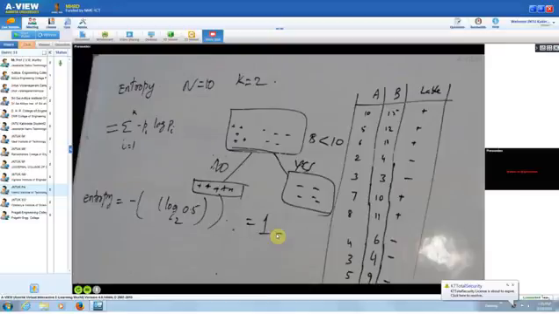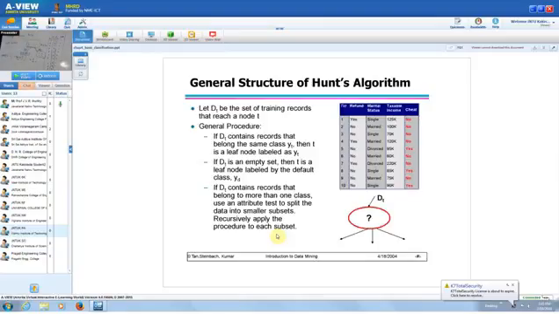So for your sake I have shown an ideal case, but generally it will not happen like that. So you will check with each and every attribute and calculate the entropy there.